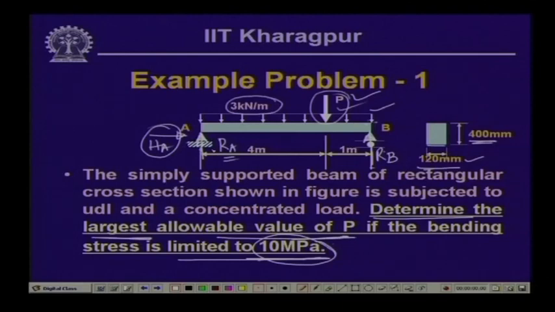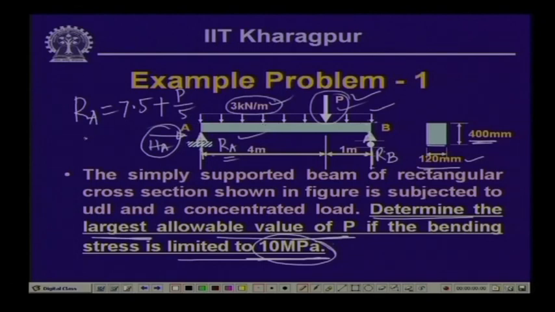So, if we compute the value of these reactive forces, then R A will be equals to 3 times 4 plus 1, 5, total length is 5 meter. So, 15 by 2 which is 7.5 because of uniformly distributed load, plus because of P the value of R A, if we take the moment of this will be P times 1 by 5. So, plus P by 5 will be the value of R A.